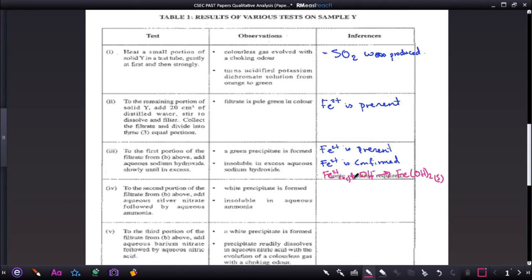Again, we need to balance the ionic equation by putting a 2 there. This seems very dull, so let me try and rewrite that with a brighter color.